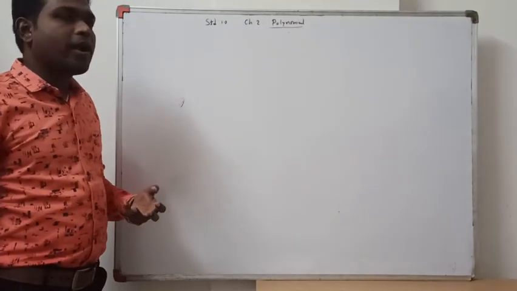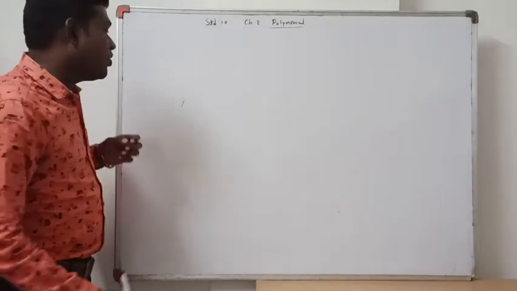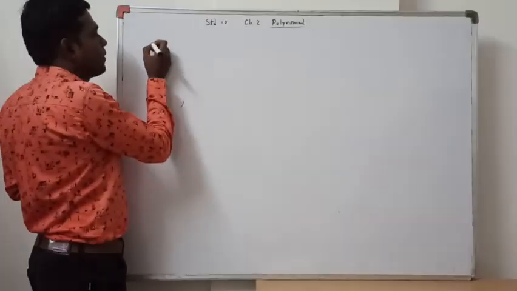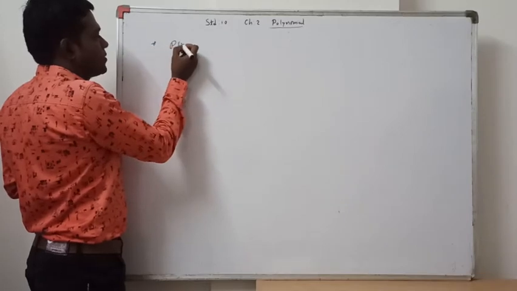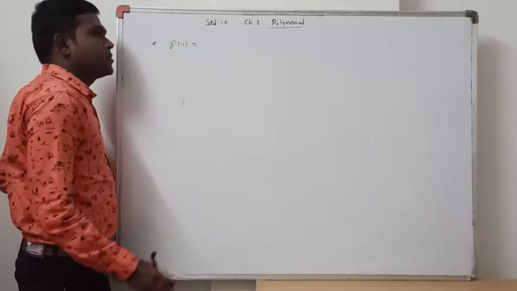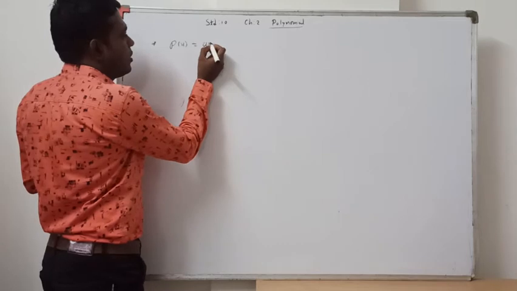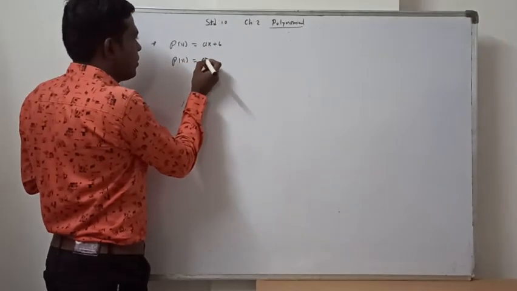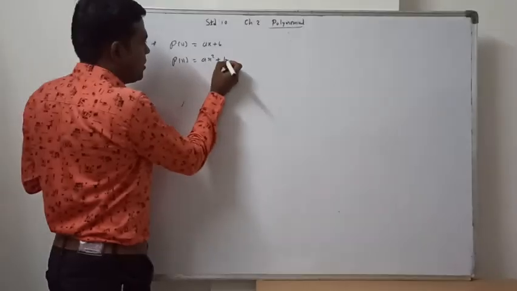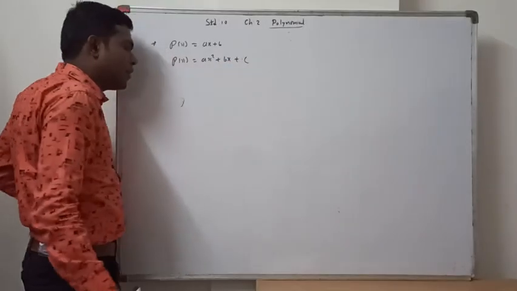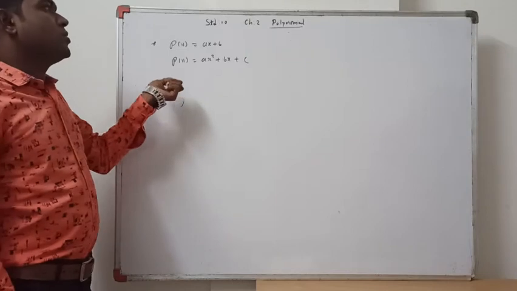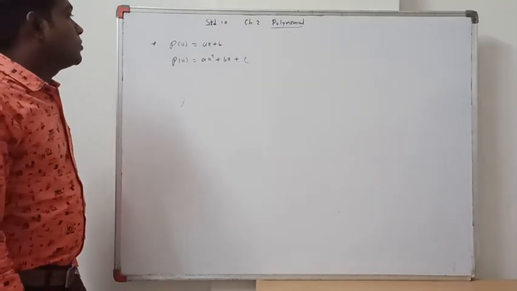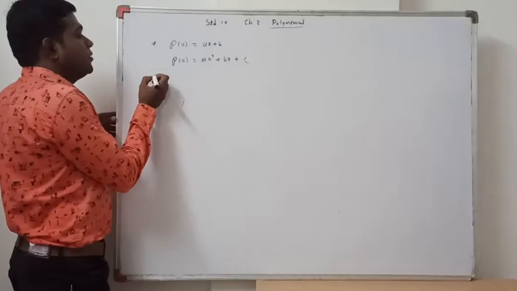We are having basic idea about polynomial. A polynomial is denoted by p(x) equals ax plus b, or you can say p(x) equals ax square plus bx plus c. Now this is the general form of a polynomial.